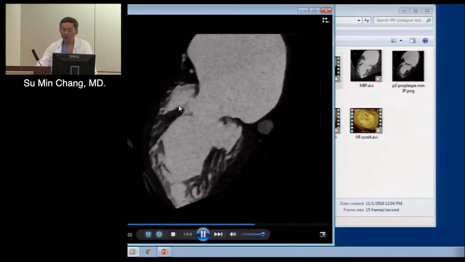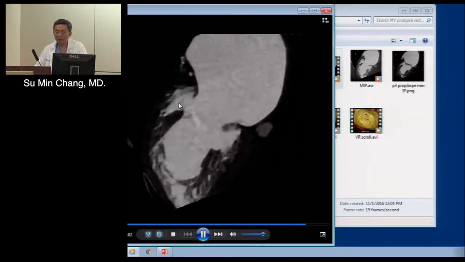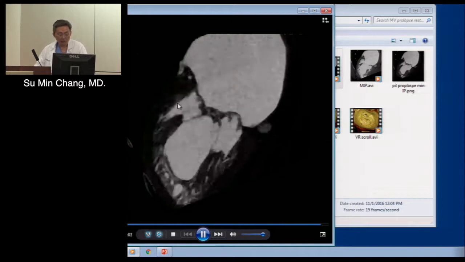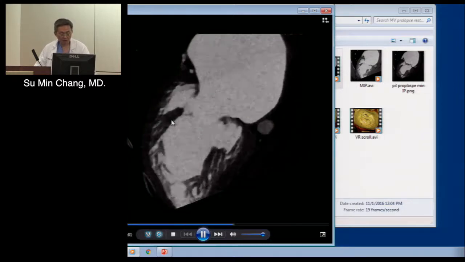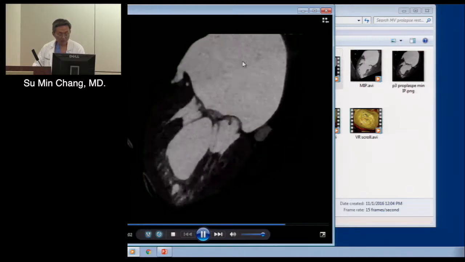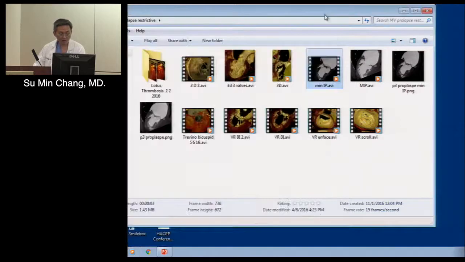So it's often very hard to get good images, even from transgastric. Images are still suboptimal, and here you can see very nicely all the papillary muscles. Let's say this is 2D. So 3D would technically look like this.